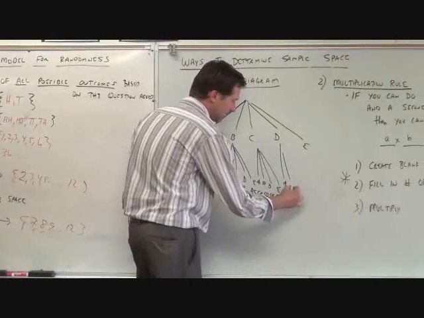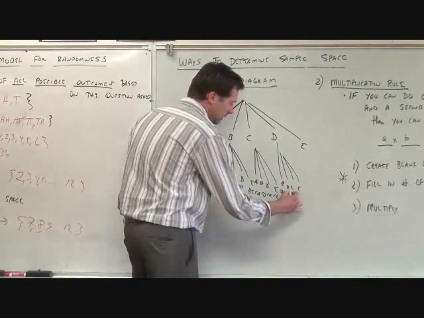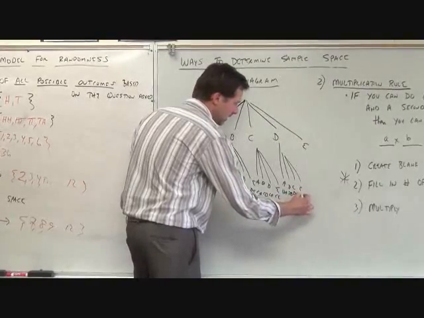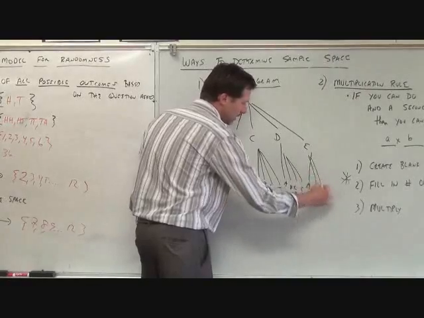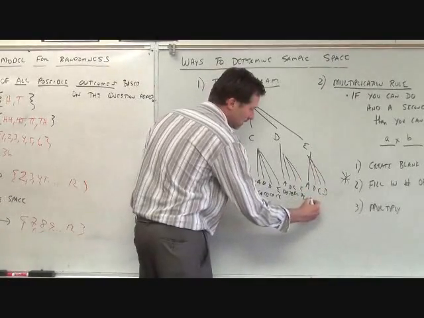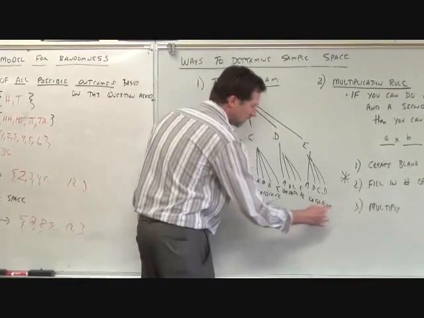Here I've got A, B, C, and E. I've got DA, DB, DC, DE. And finally, the last one, I've got A, B, C, and D. I've got EA, EB, EC, and ED.